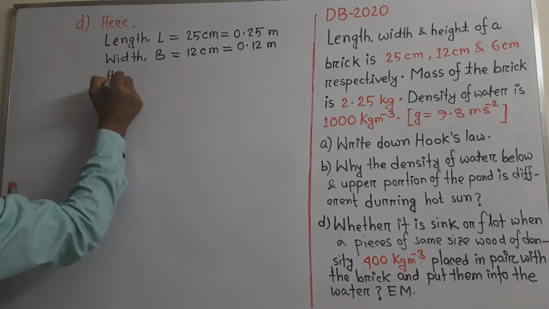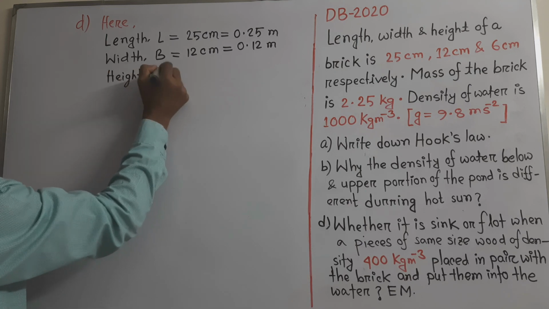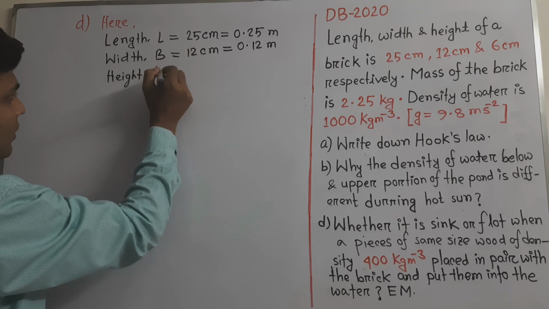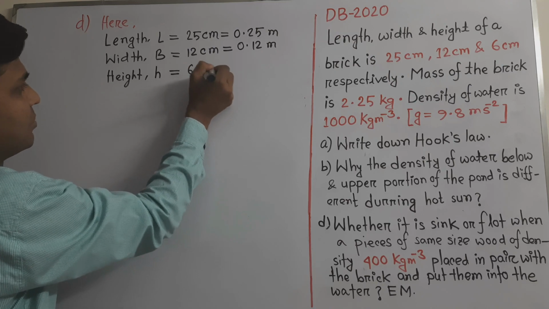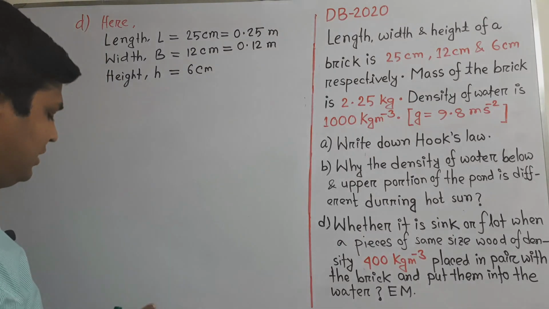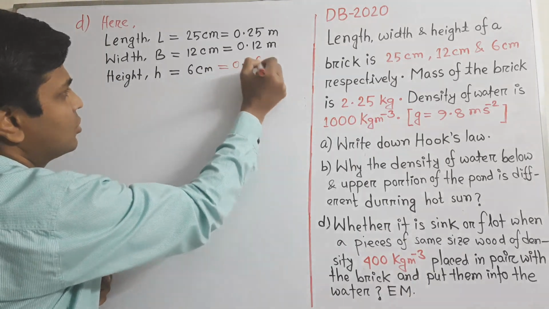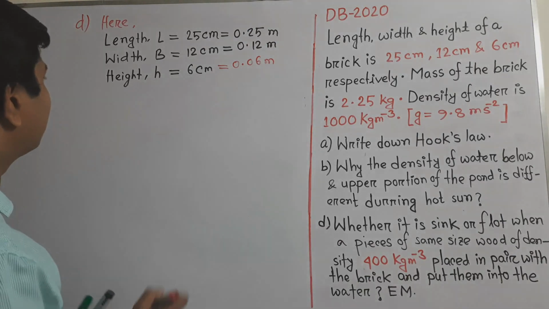Height of the brick is given here 6 centimeter, and 6 centimeter equals how many meter? 0.06 meter.